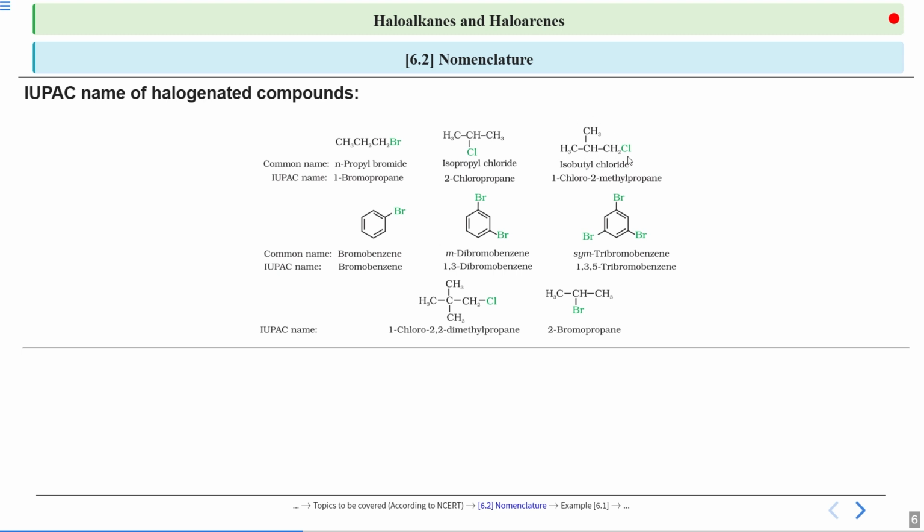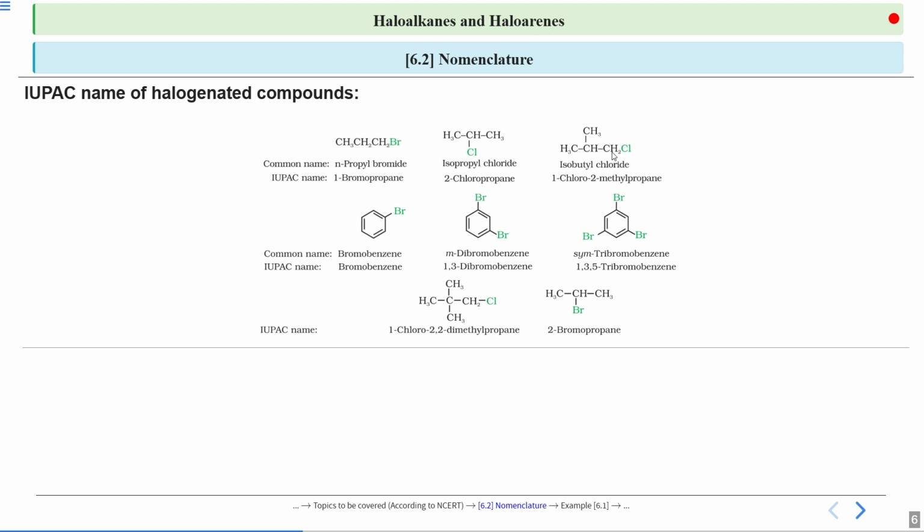Similarly, in the third structure, we have CH3, CH, CH3, CH2, Cl. The common name of this is isobutyl chloride. In this structure, the substitution is happening at the second position, right?